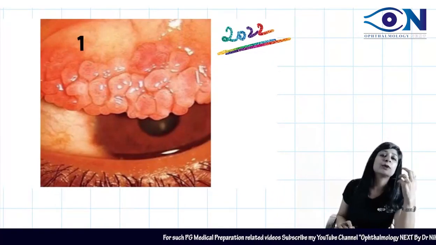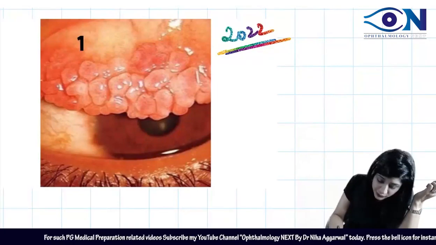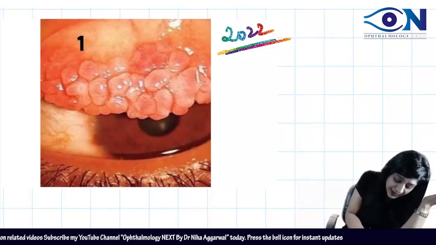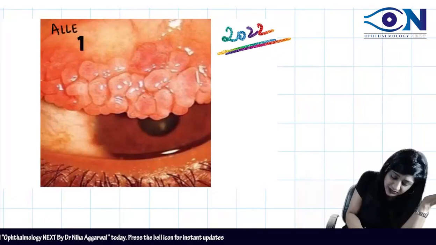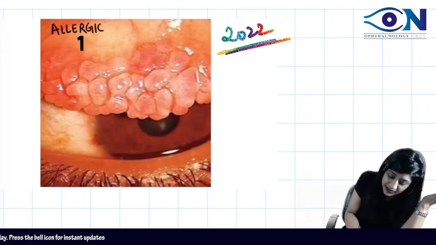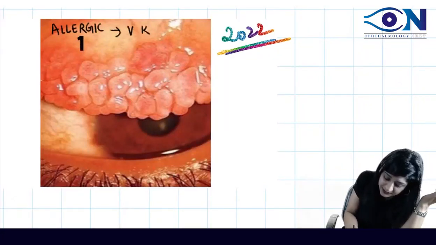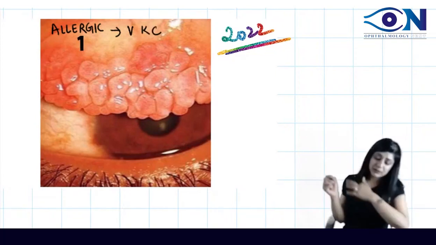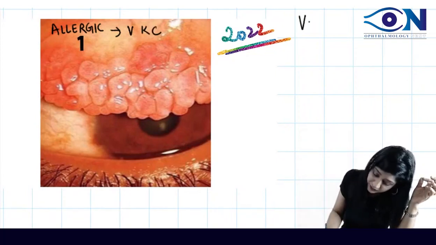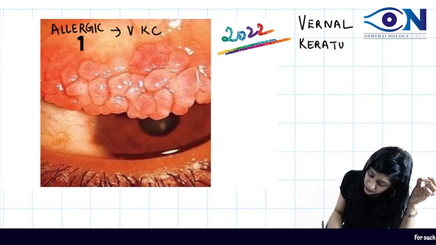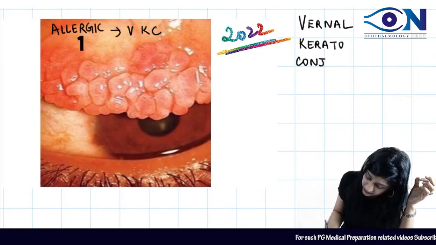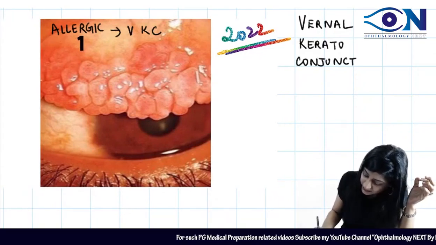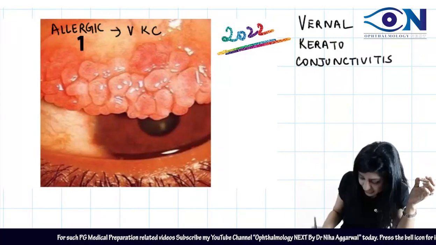But if I talk about the non-infectious, it is the allergic conjunctivitis that was most common. And in the allergic, it is the VKC, the vernal keratoconjunctivitis, that is most common.